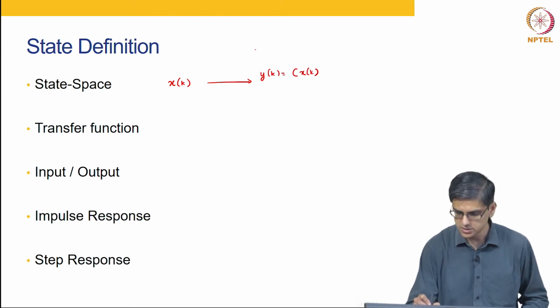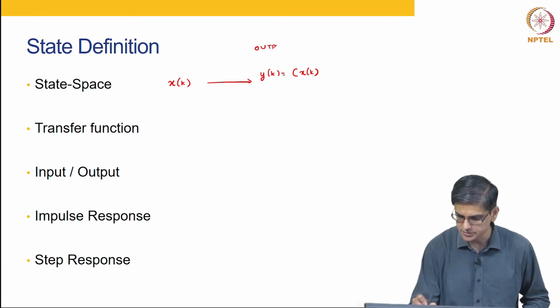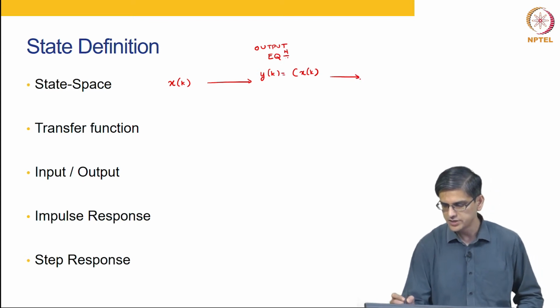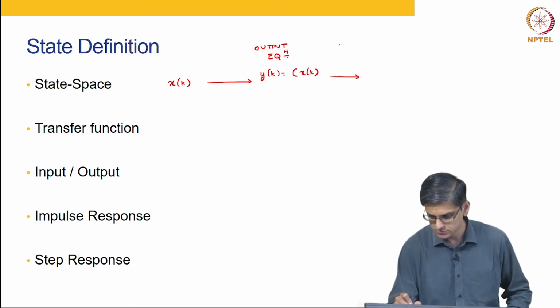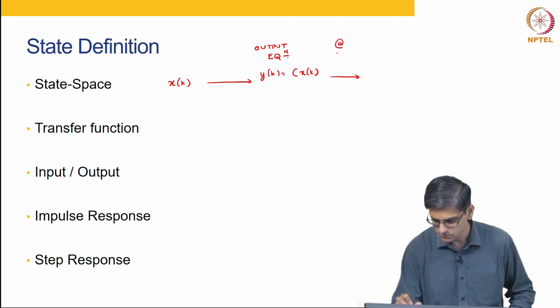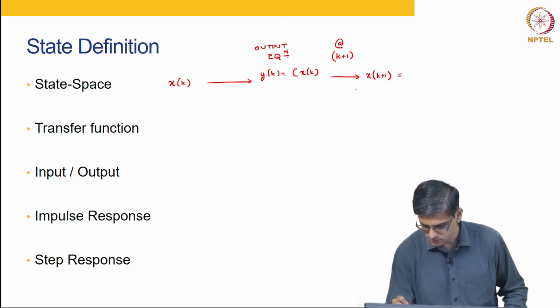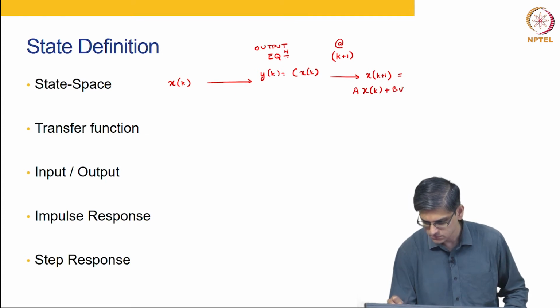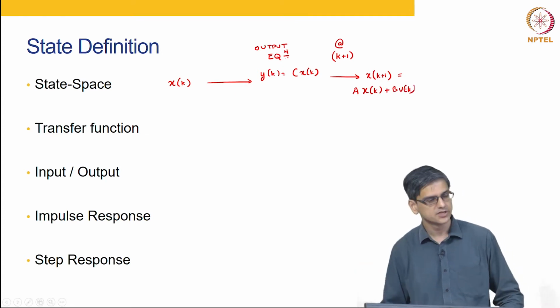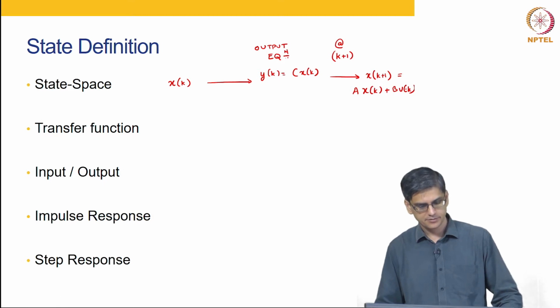This is basically the output equation. How do you get the state update? This is how you will get the state update, right.